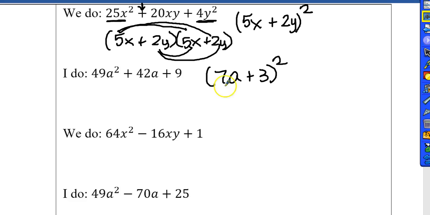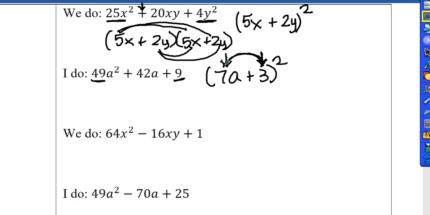Let's double check it. 7a squared. What is this squared? 49a squared. Okay. What's this squared? Okay. Now let's multiply this together.